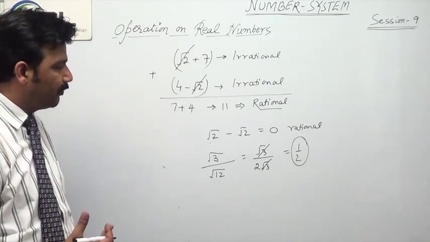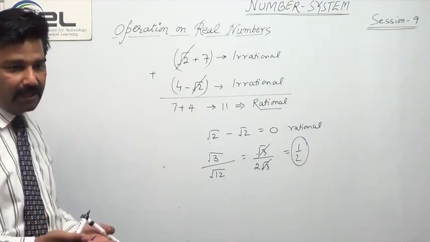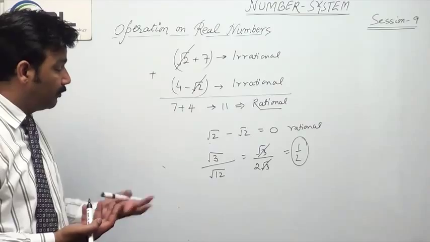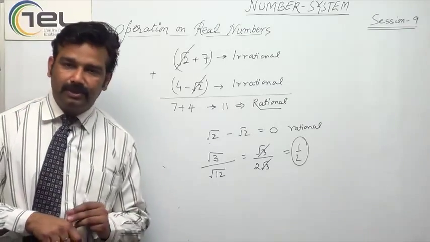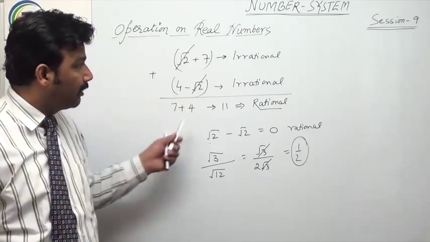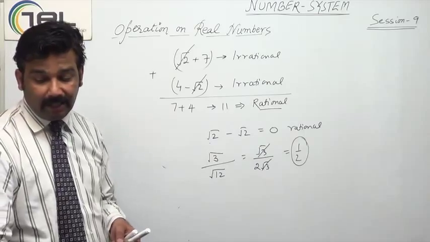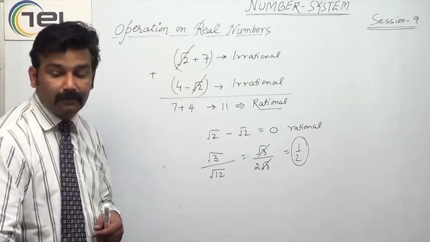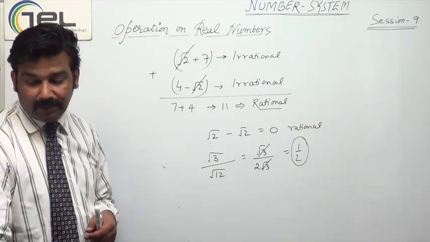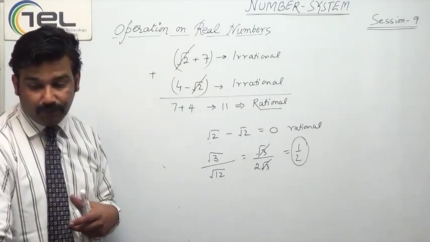Many times we have the division of irrationals as irrational, but many times we can have the division of irrational numbers as rational also. So it is not a hard and fast rule that we always get the same type of result. Clear? So this is one thing which I would like to put in front of you.